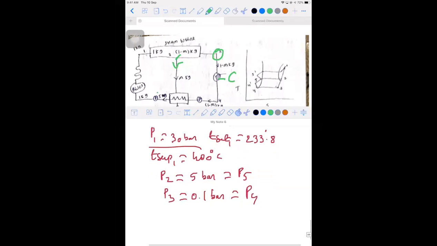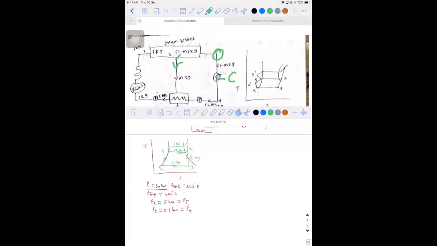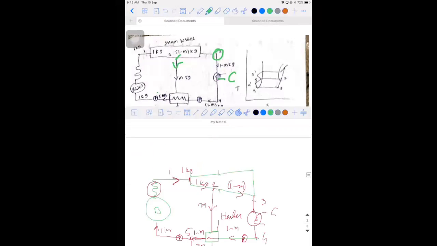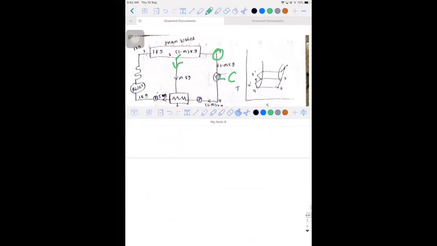Now, let us start drawing the Mollier diagram.